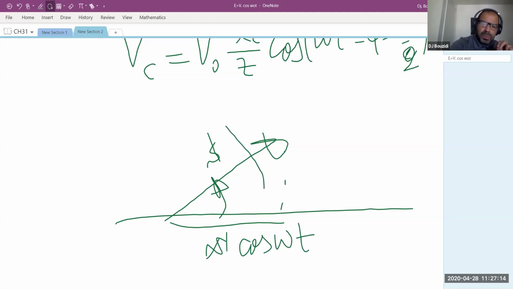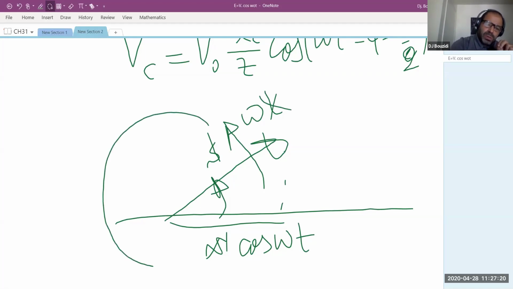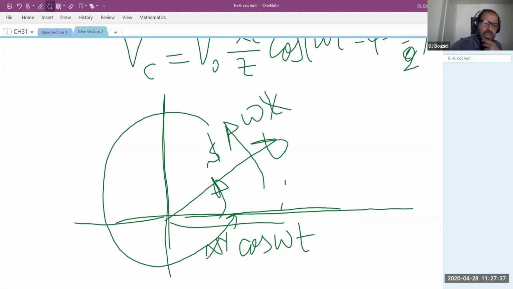Now, if this is spinning at the rate of omega t, then it's going to spin. Sometimes it's going to be maximum when omega t is equal to 0, or 360 degrees, or whichever your choice. It's going to be negative S when it's 180 degrees or 360 degrees plus that. It's going to have zero projection when it's 90 degrees or below 90 degrees, and anywhere in between them.